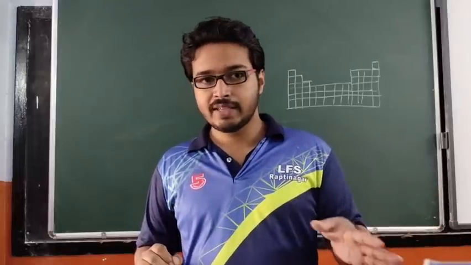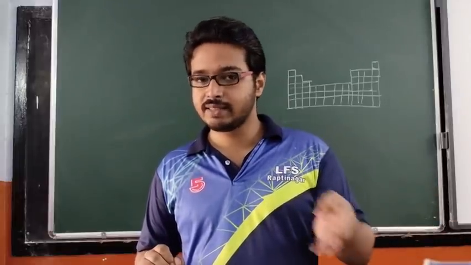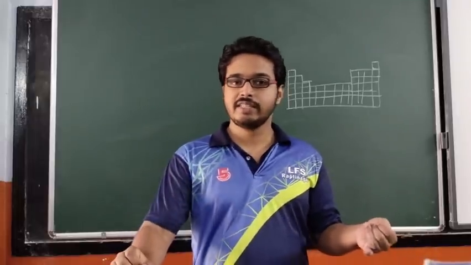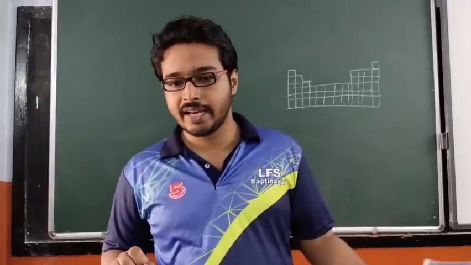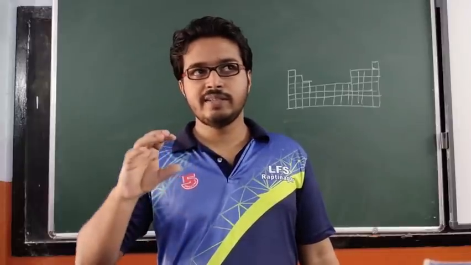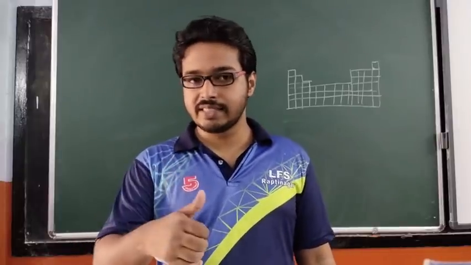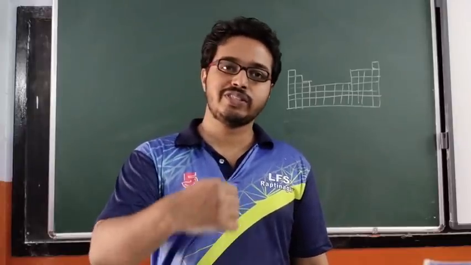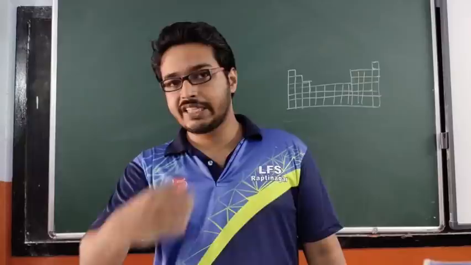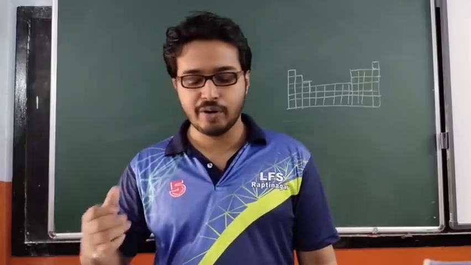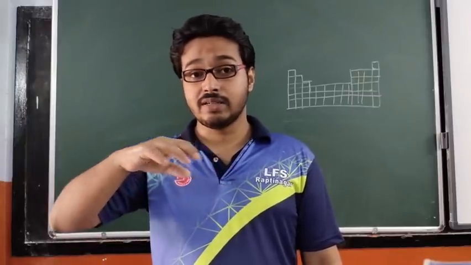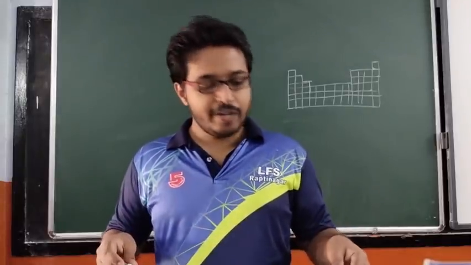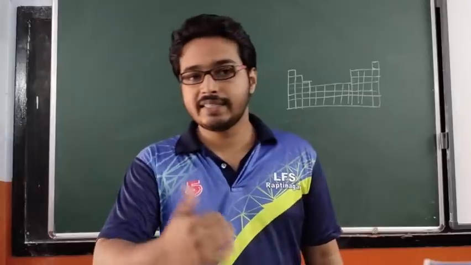The periodic properties that you are going to study here are atomic size, electronegativity, electron gain enthalpy, ionization energy, metallic character and non-metallic character. I think you remember you studied the definitions last year, but this year you are going to study them properly. You are going to study how there is a trend or change according to the periodic table.